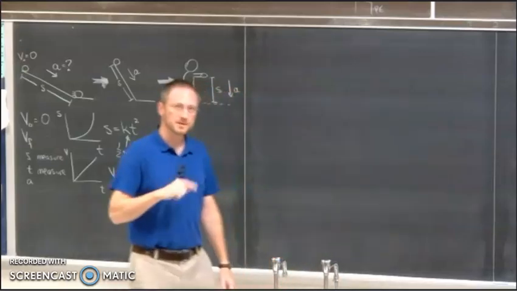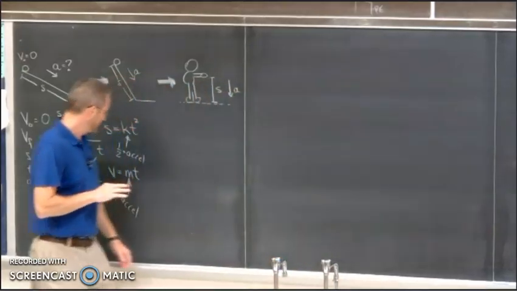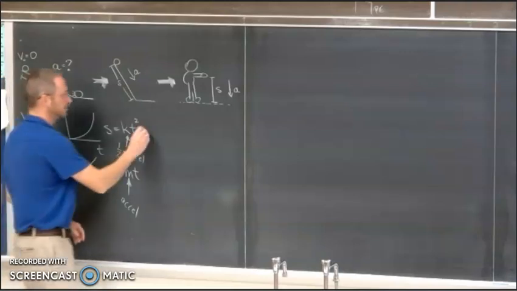To help us finish out our data table, we have, and I'm going to show this in a minute, displacements and times. And we're going to use our kinematic relationships that we've previously developed.